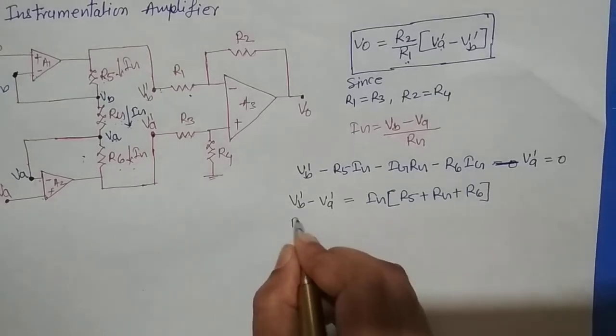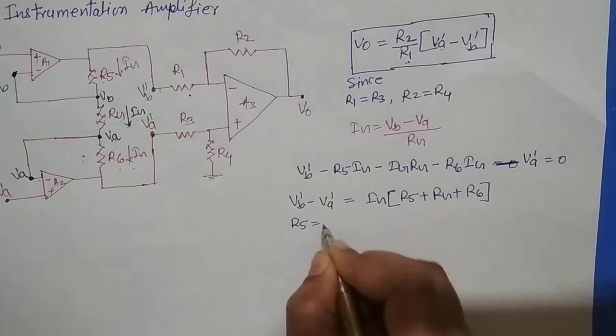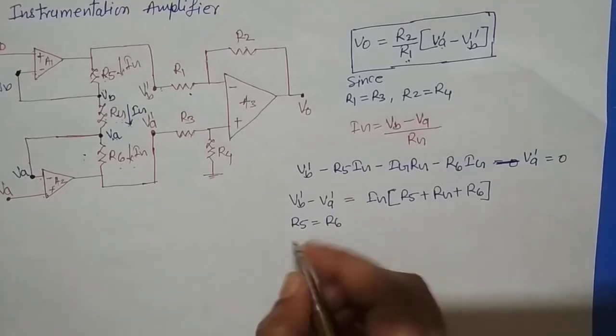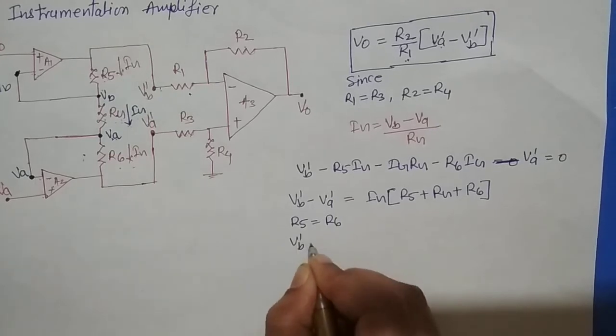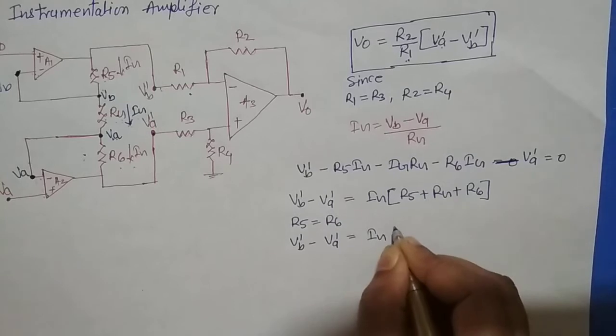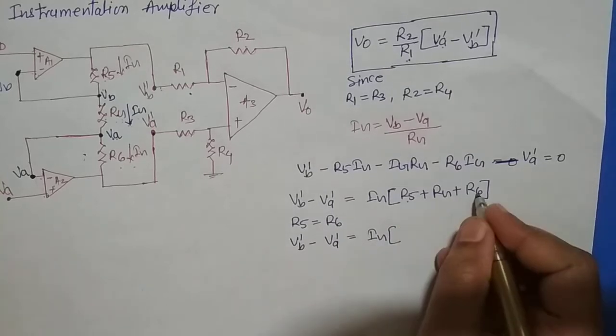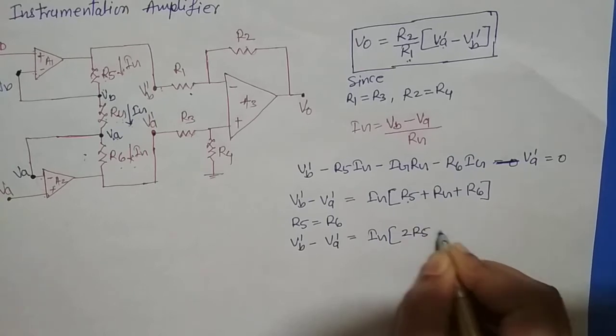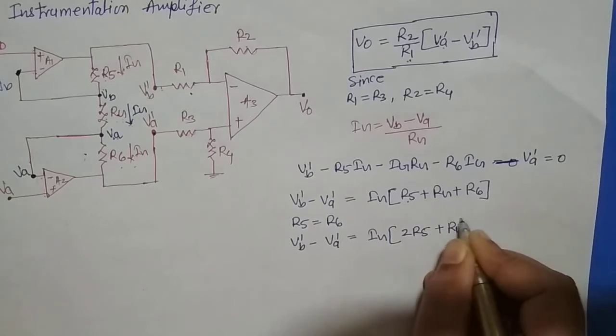Okay, if R5 is equal to R6, then the equation will be Vb dash minus Va dash will be equal to Ig, here R5 is equal to R6, meaning 2R5 plus Rg.